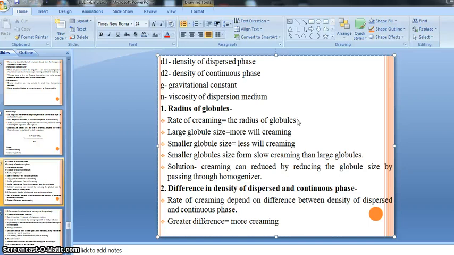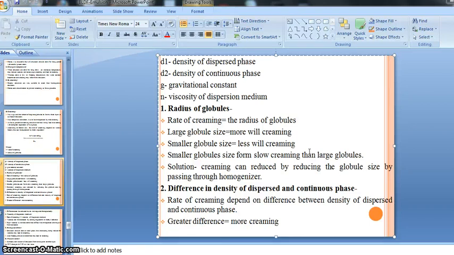So by this way the radius plays a very important role in minimizing or increasing the rate of creaming, right? As I said, the larger the globule size, the more creaming there will be, and the smaller the globule size, ultimately the less creaming.